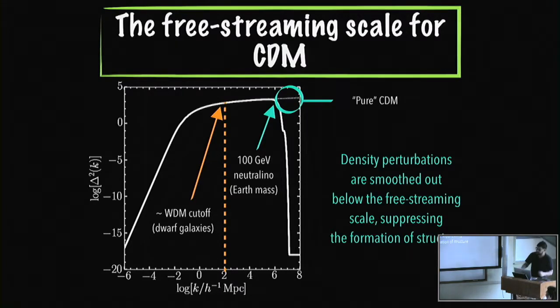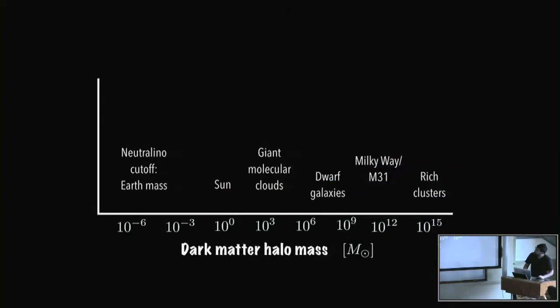And what happens around this free streaming scale is that the density perturbations are smoothed out, and this therefore suppresses the formation of structure. So you can visualize what the mass spectrum for CDM would look like, where on the x-axis it goes from 10^-6 to 10^15. So the smallest objects that form in a CDM 100 GeV neutralino universe are around the Earth mass, 10^15 for the rich clusters.